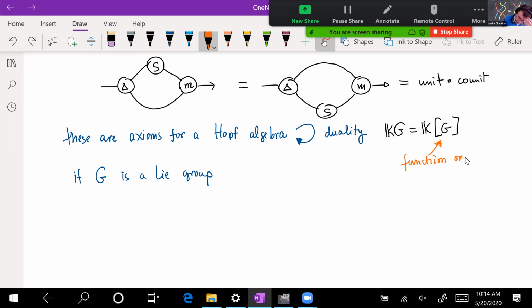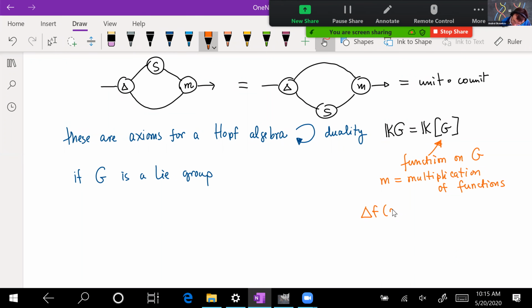Functions on G. And so this means the operations are, product, multiplication is just multiplication of functions. And if I want a coproduct, if I take a coproduct of a function, this now becomes a function of two variables.